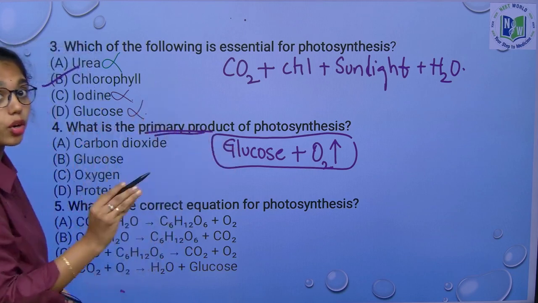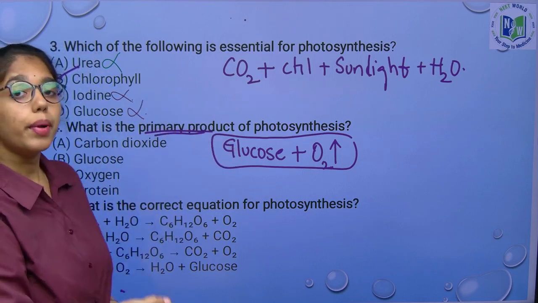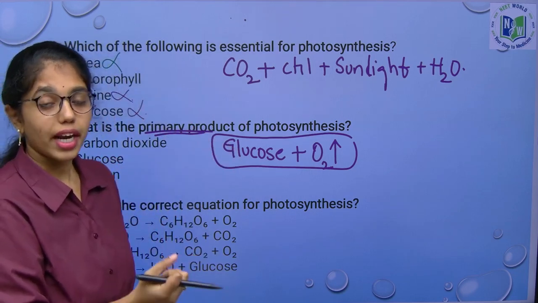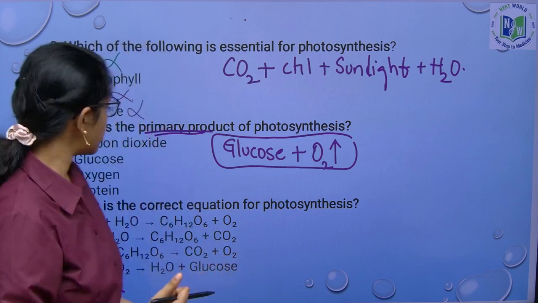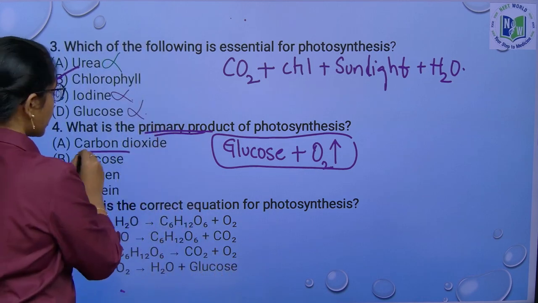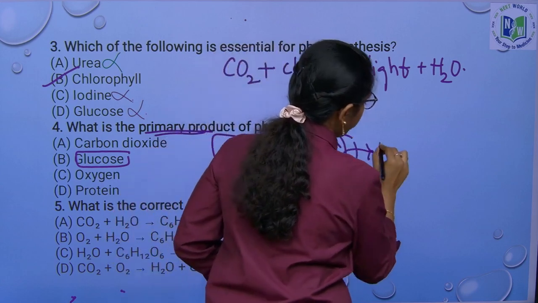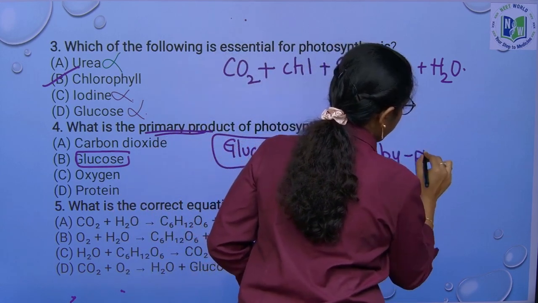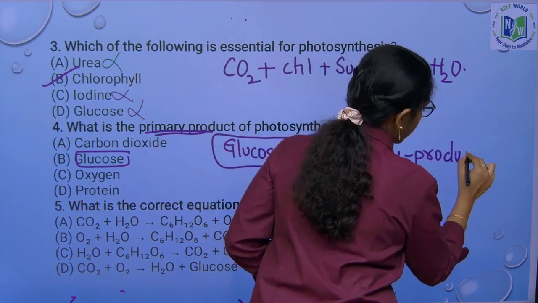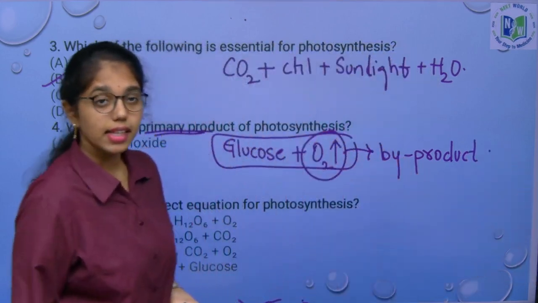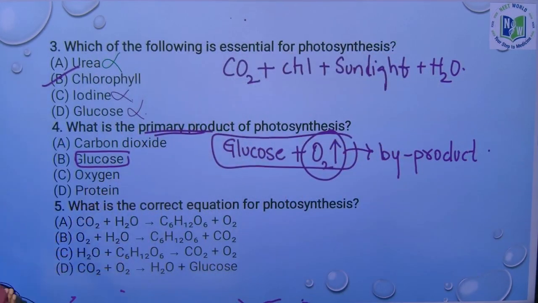The ultimate goal of photosynthesis is to prepare glucose, that is, to prepare carbohydrates. So here the primary product is glucose. Oxygen is formed as a byproduct of photosynthesis. Clear? So here the answer will be B.